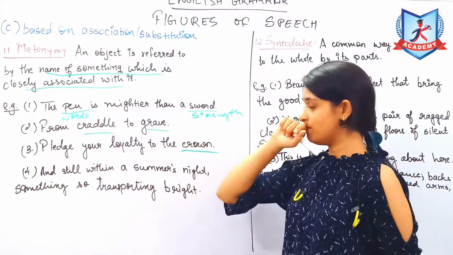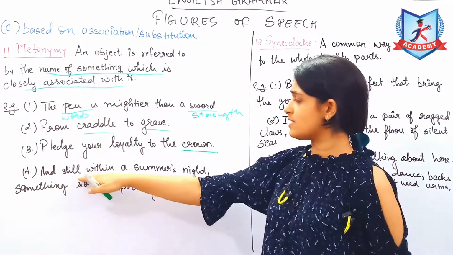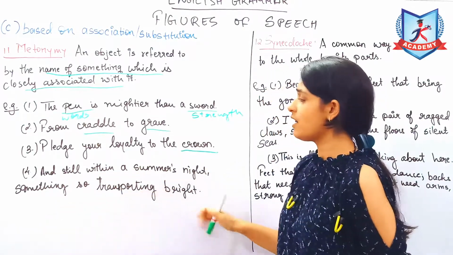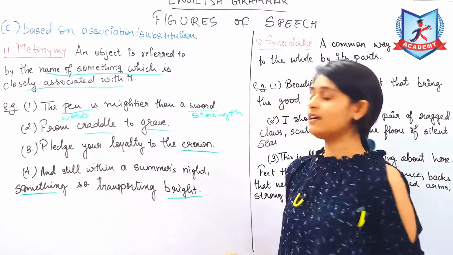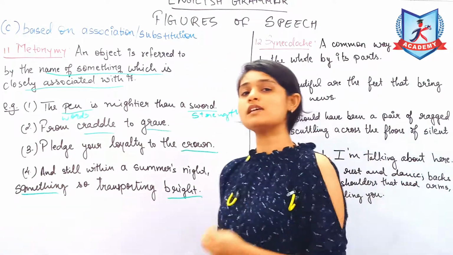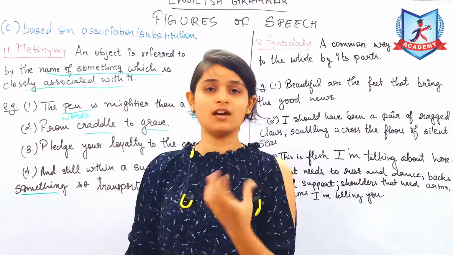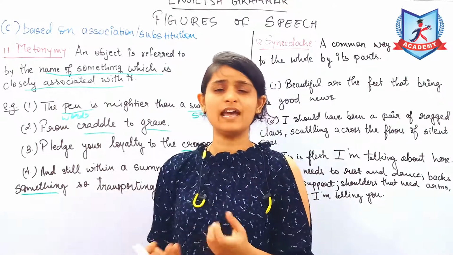And the last one, this is actually taken from a poem. And still within a summer's night, something so transporting, bright. Here, something and bright are words used to refer to the insects which brighten up the night.